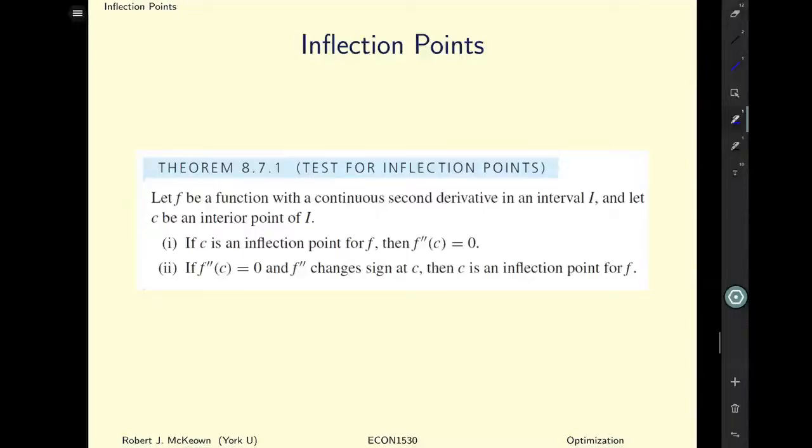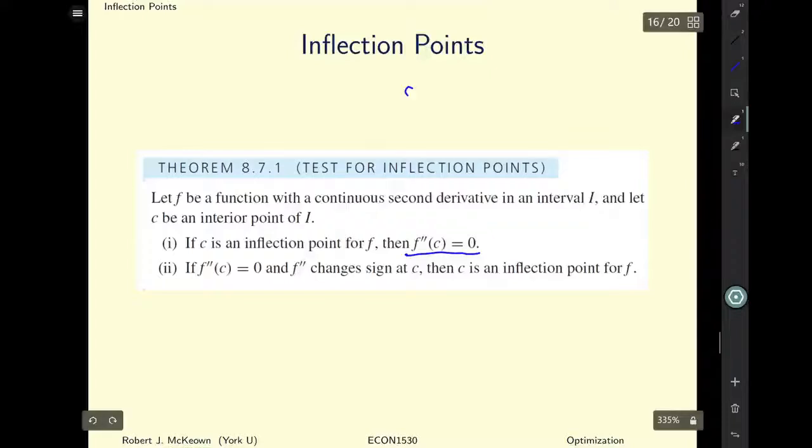Here is the textbook definition of an inflection point. Remember that if we're interested in some candidate point c, it is a necessary condition that the second derivative be equal to 0. So if the second derivative is not equal to 0, it is definitely not an inflection point.